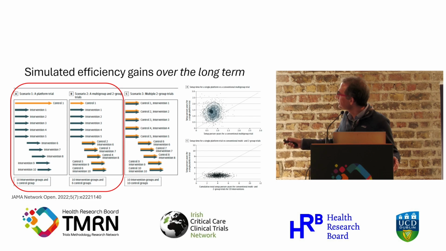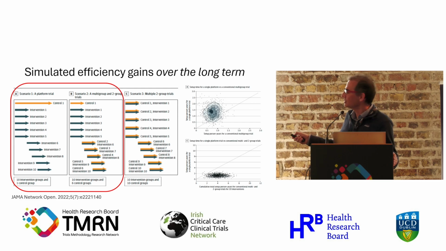If you look on the left here, with a platform trial, a bunch of interventions in one common control group. And then you look at another scenario where you've got a multi-group trial, so 5 interventions, 1 control group, and then subsequently you add in 5 other interventions, each with their own control group.